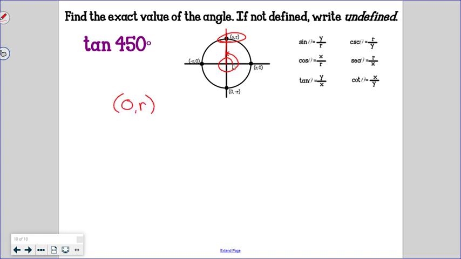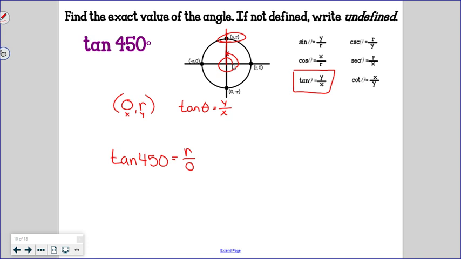And they ask us to do tangent of that angle. Well, the tangent of an angle is the ratio of the y value over the x value. Remember, our ordered pair goes x comma y. So the tangent of 450 degrees, y over x, go to your ordered pair here, would be r over 0.